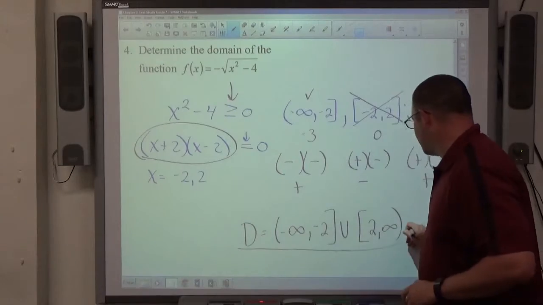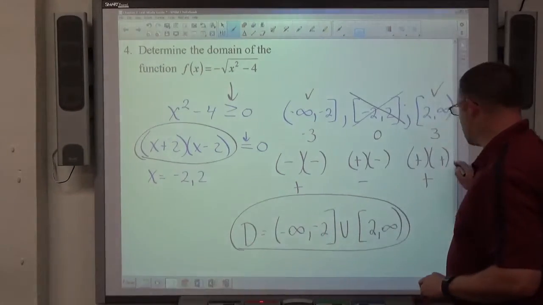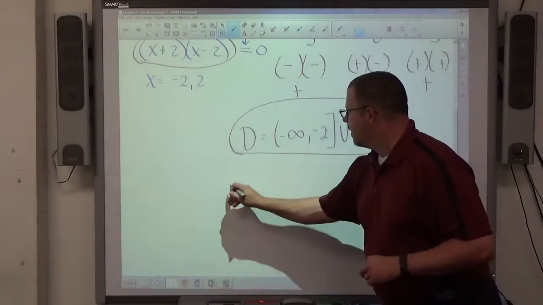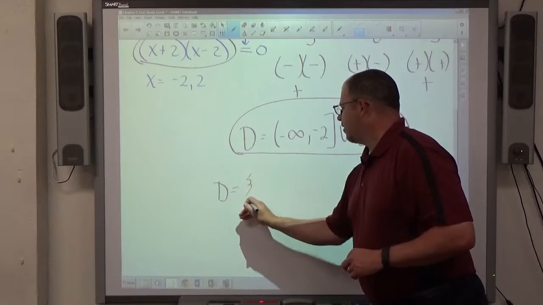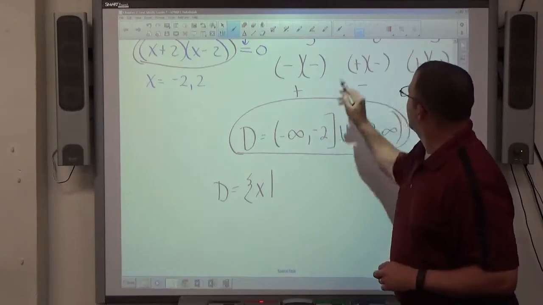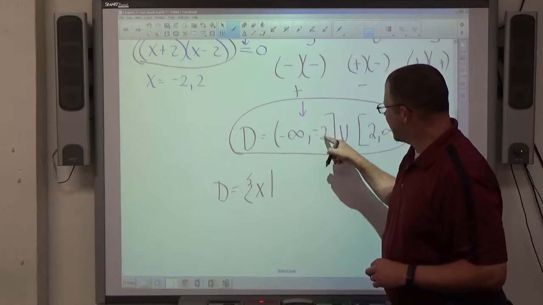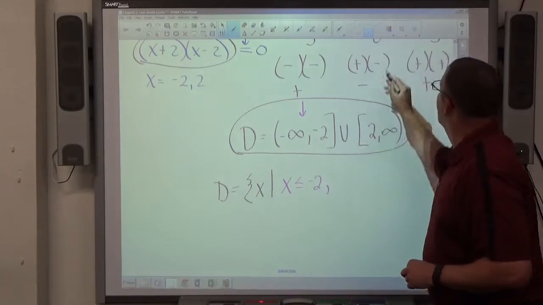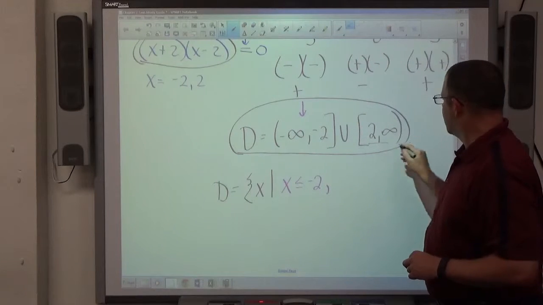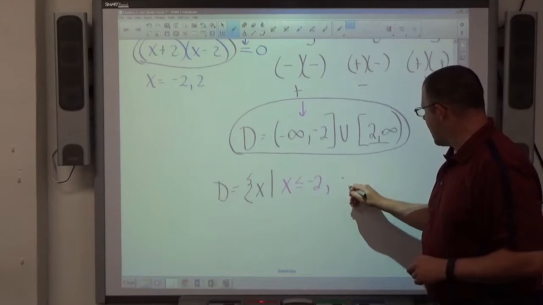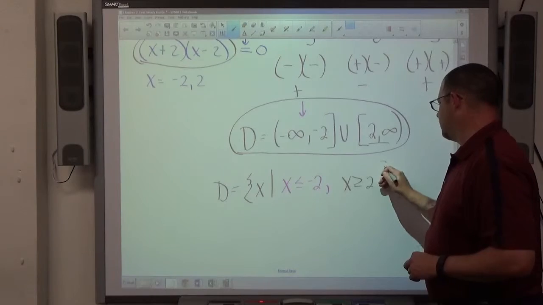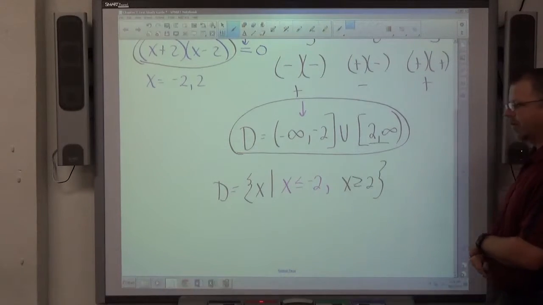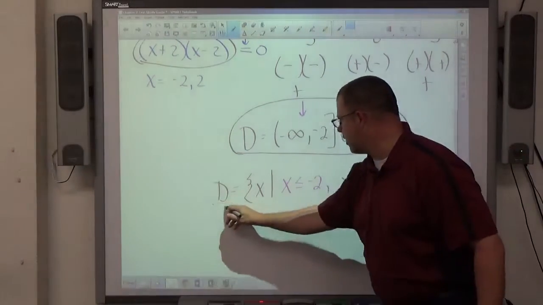If you would prefer to use set builder notation to represent the same domain, domain equals the set of all x's such that x is less than or equal to negative 2, or x is greater than or equal to positive 2. So if you wanted to do set builder notation, that's how you do it.